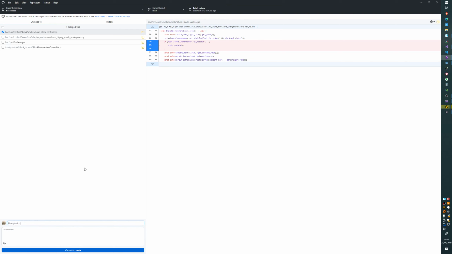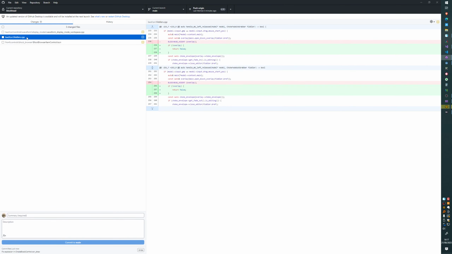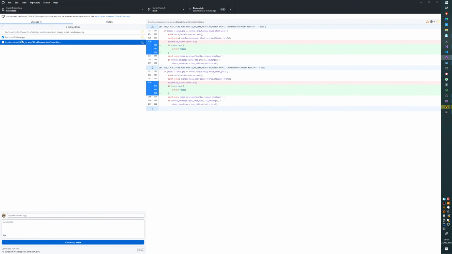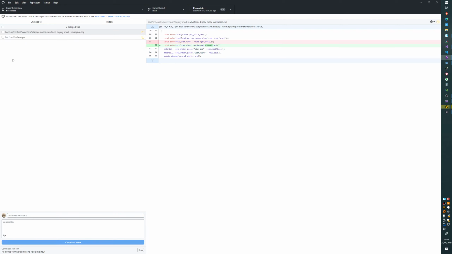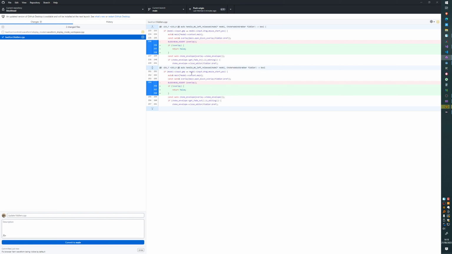Fix explosion in chipbook. What was this? This was oh yeah, this was fix bum bum bum bum.